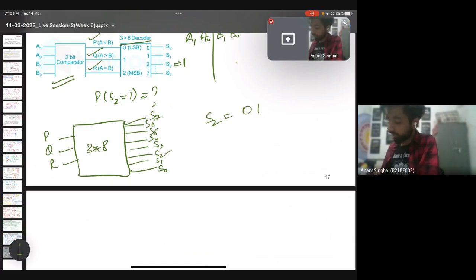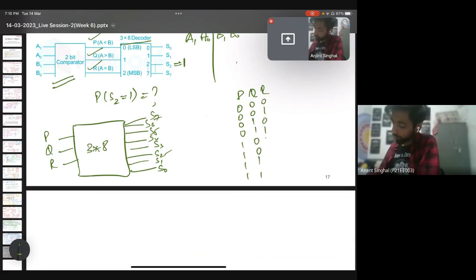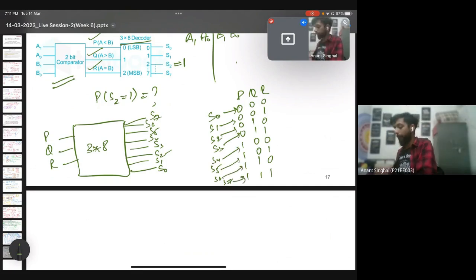If I try to write in PQR, then all the cases: 0, 0, 0, 0, 1, 1, 1, 1, then 0, 0, 1, 1. So this is nothing but S0, S1, S2, S3, S4, S5, S6, S7. So this is 0, this is 1, this is 2, this is 3, this is 4, this is 5, this is 6, and then this is 7. I hope it is clear.